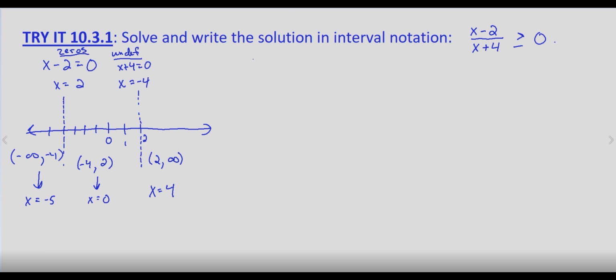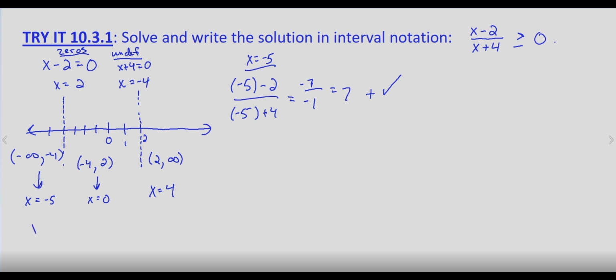Let's first test x equals negative 5. We have negative 5 minus 2 over negative 5 plus 4. Negative 5 minus 2 is negative 7, over negative 5 plus 4, which is negative 1. That equals 7, which is positive. So that interval checks.